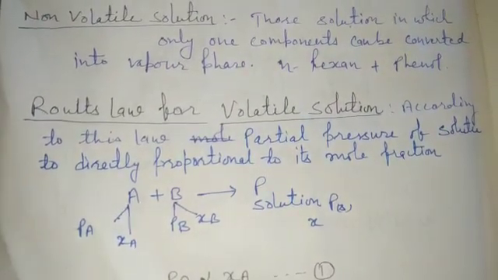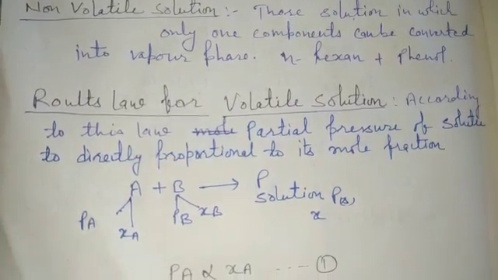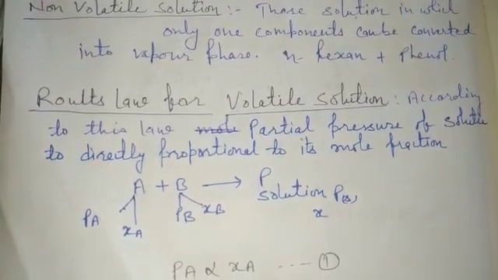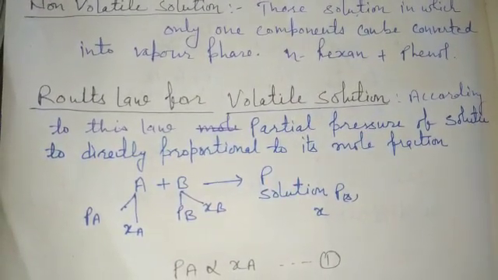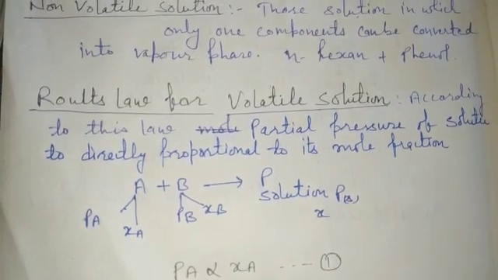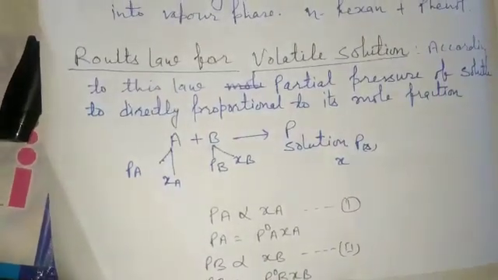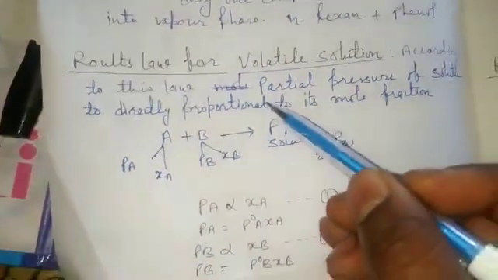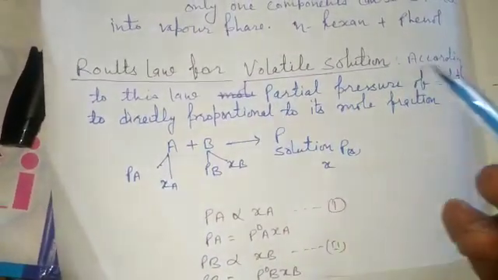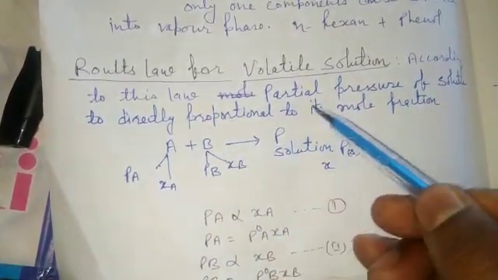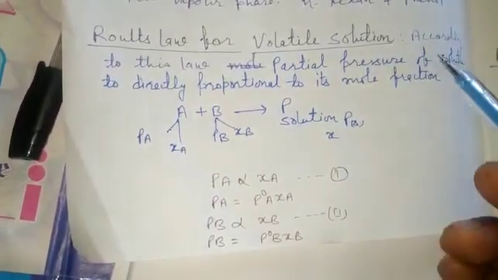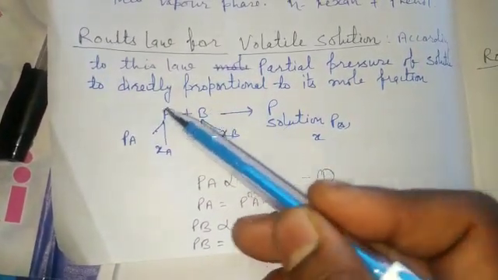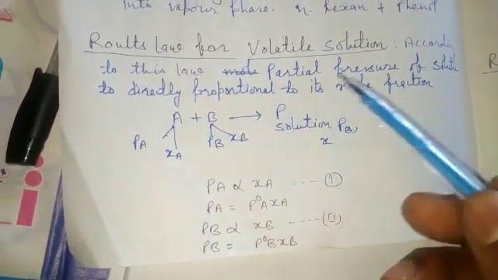Here it is important for you: Raoult's law is not a single law, it is a combination of two laws, for volatile and non-volatile solutions. Here, Raoult's law for volatile solution. According to this law, the partial pressure of solute is directly proportional to its mole fraction, or you can say the partial pressure of solvent is directly proportional to its mole fraction.